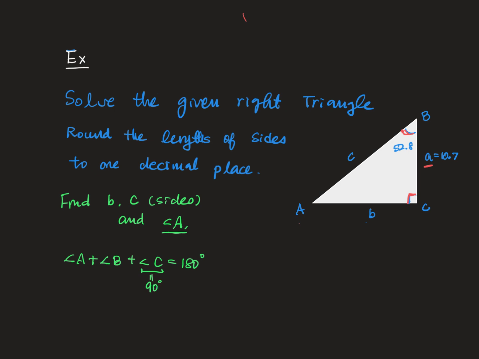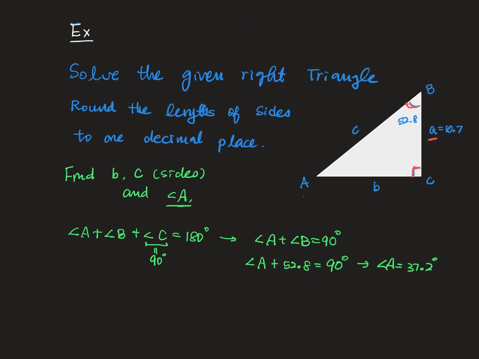This is a right triangle. So angle A plus angle B equals 90. Now angle B is already given, so angle A plus 52.8 is 90. So angle A is going to be 37.2 degrees. That's how you find the angle.